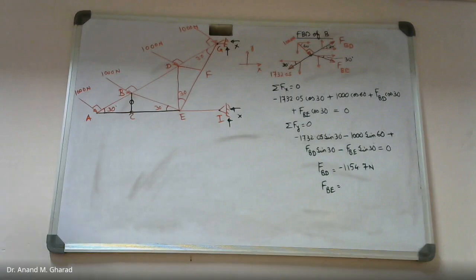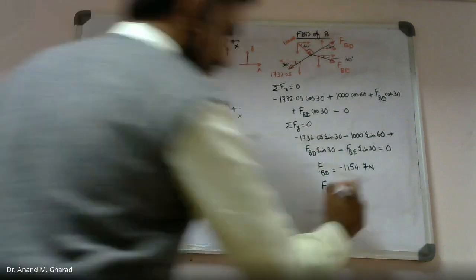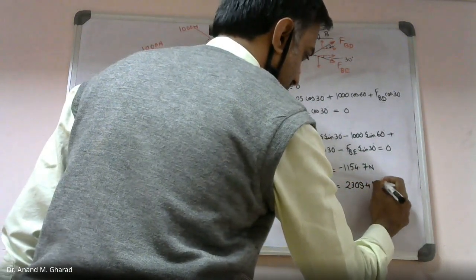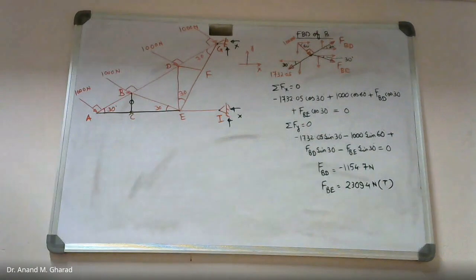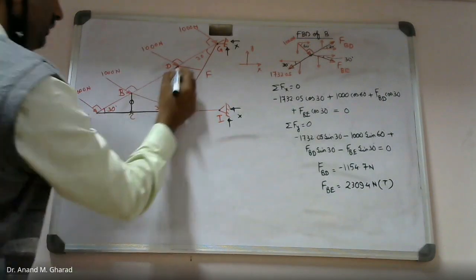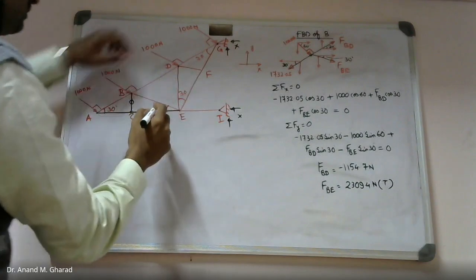And FBD I am getting it to be 2309.4 Newton. This is coming out to be tension. You can verify. Okay? Next, if I consider joint D, on this joint D, how many forces do we observe?